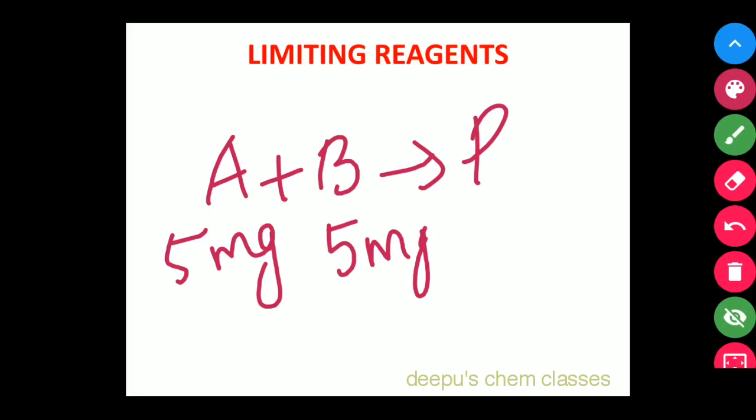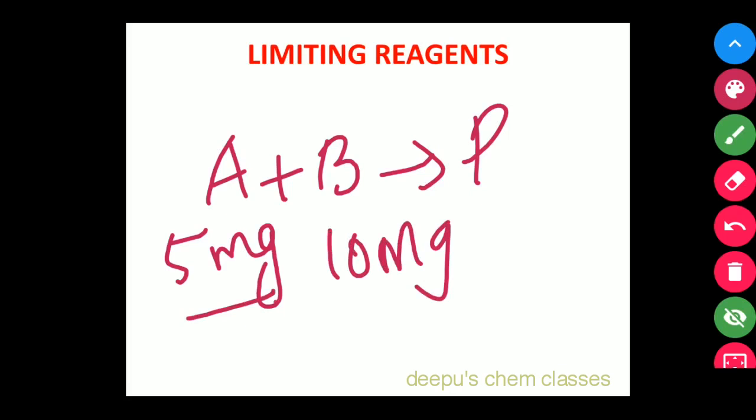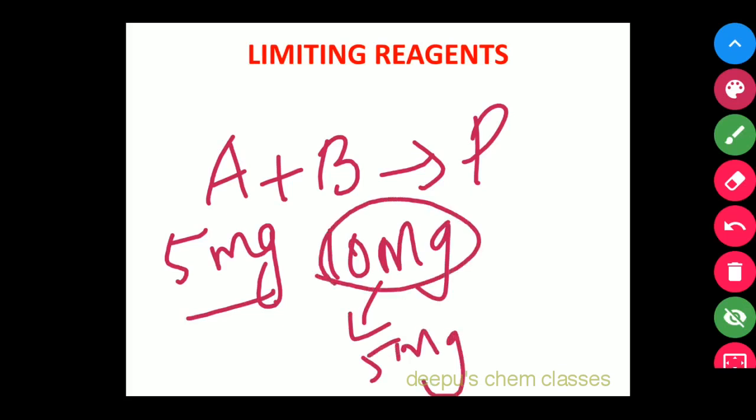may react. Suppose you are taking unequal amounts, for example A 5 milligram and B 10 milligram, then only 5 milligram of A reacts with the 5 milligram of B, and not 10 milligram of B. Do you understand here?